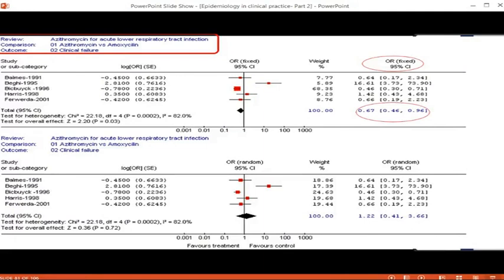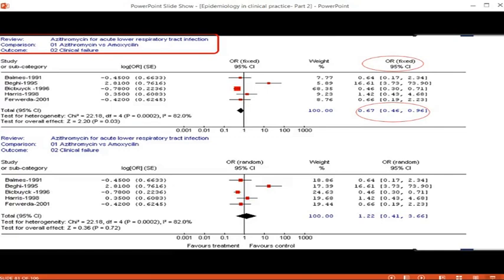It shows the odds is about 0.67, lower with azithromycin compared to amoxicillin for clinical failure. The confidence interval ranges from 0.46 to 0.96. 0.96 is not a very different odds, but it is statistically significant because it doesn't include one. The overall effect estimate p-value is 0.03.